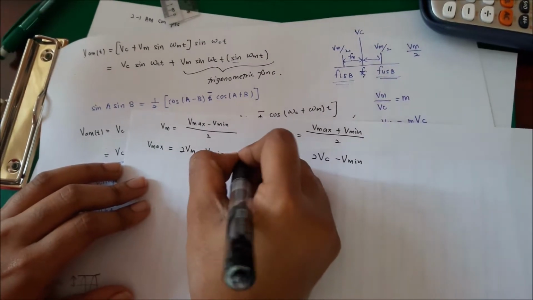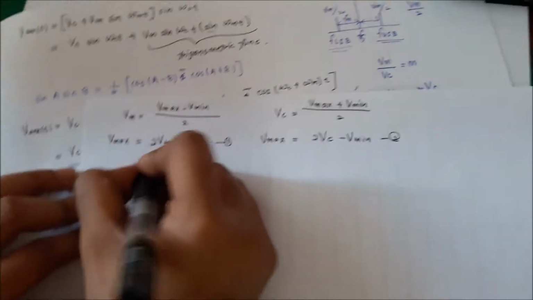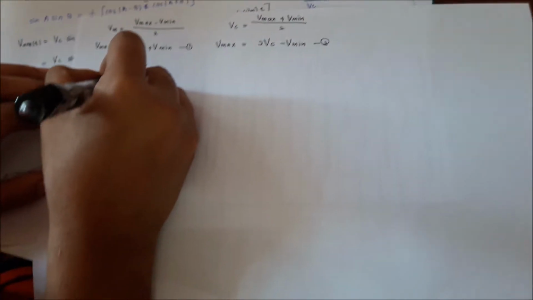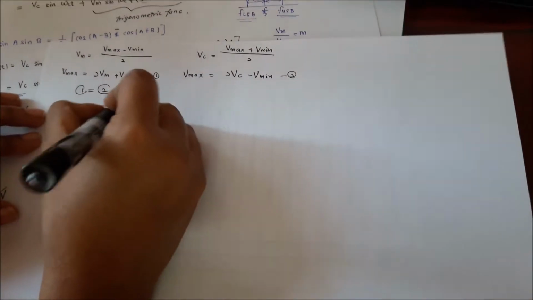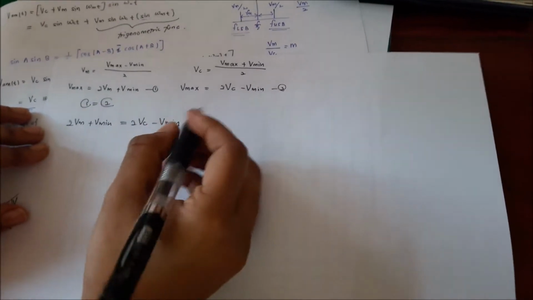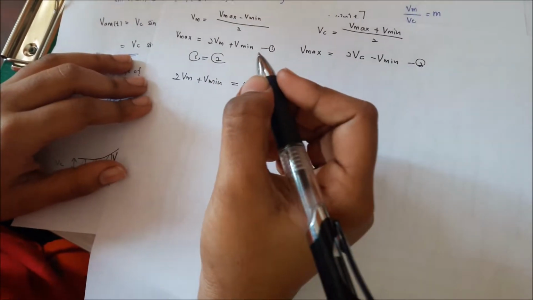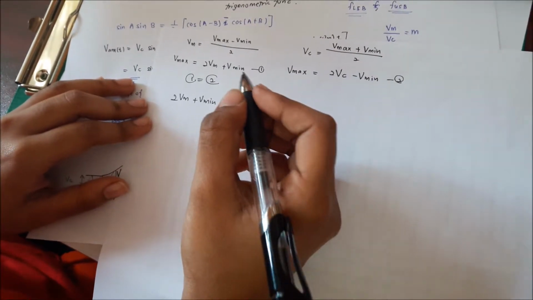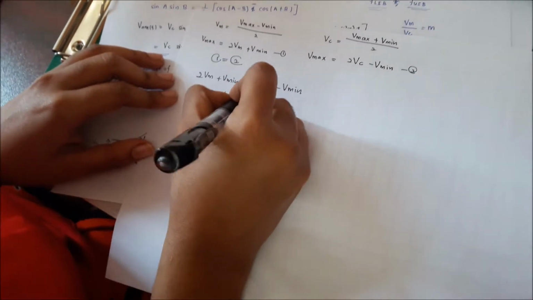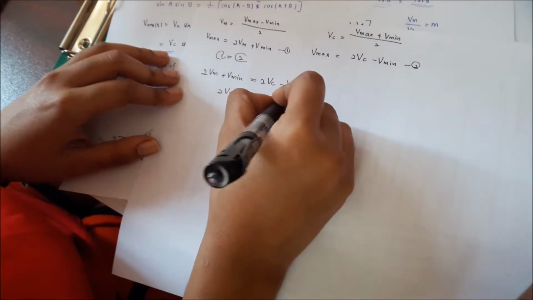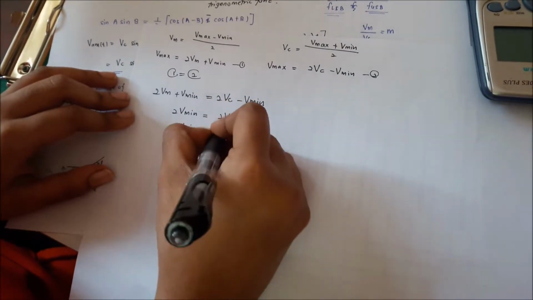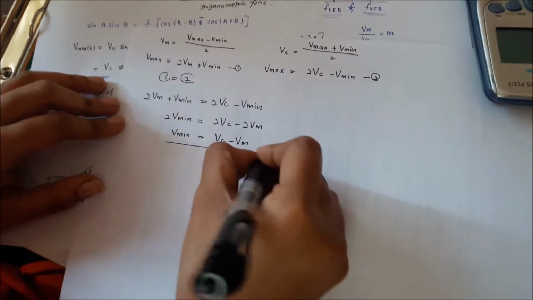So if I equate these two equations, I'm going to get 2Vm plus V min equivalent to 2Vc minus V min, and there you can see V min is equivalent to 2Vc minus 2Vm, and therefore you get your V min equivalent to Vc minus Vm.